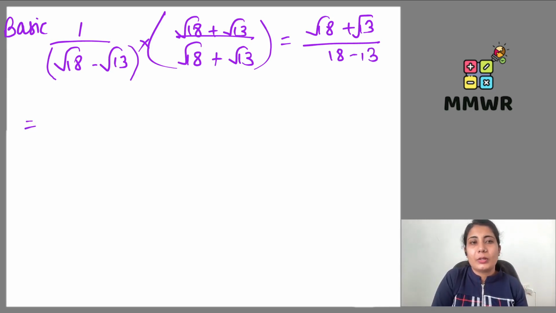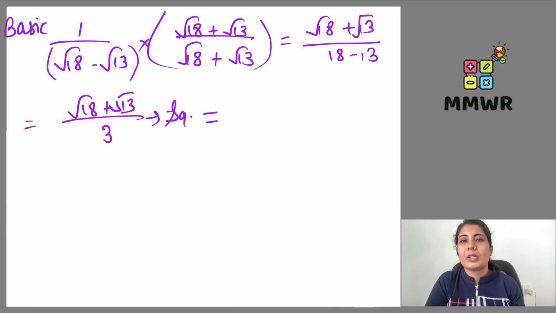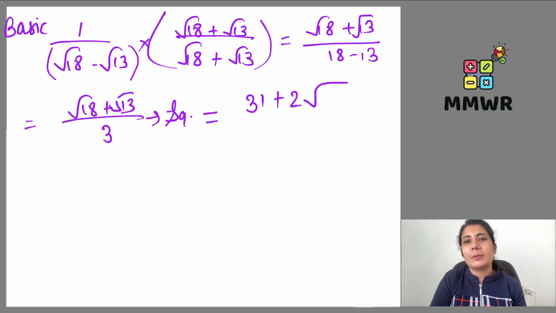Now root 18 plus root 13 upon 5. When I simplify this, for this I have to take this square. So the square is going to give me root 18 square plus root 13 square, that means 18 plus 13, which will be 31, plus 2 multiplied by root 18 multiplied by 13, upon 5 is already there.